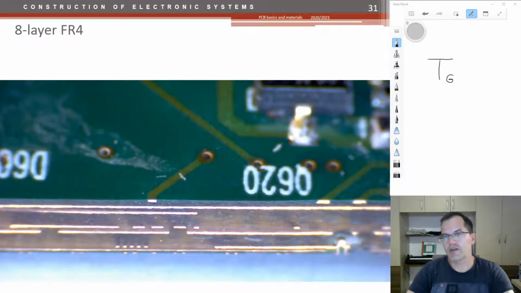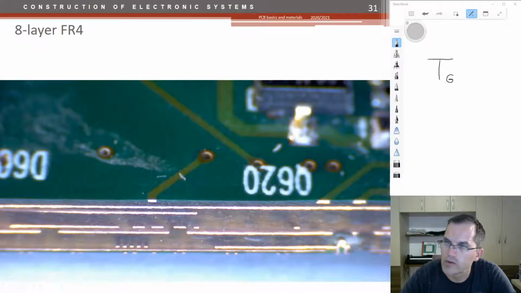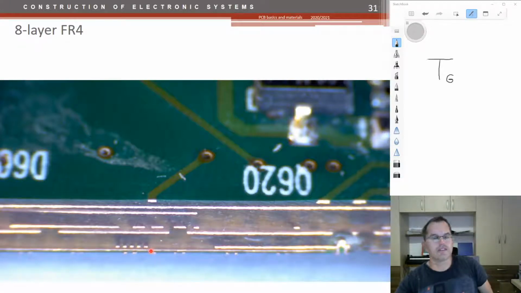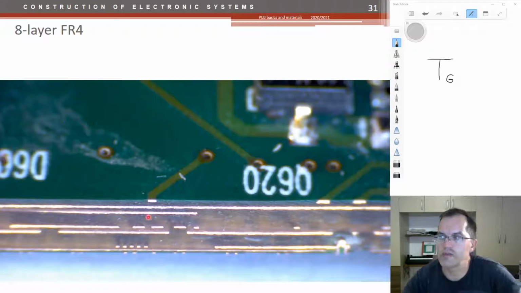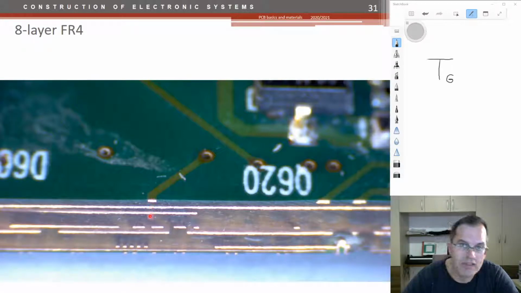Okay, here is a picture of an 8-layer FR4 PCB. So you see the top layer, 1, 2. Here maybe I can show with a laser pointer. Okay, 1, 2, 3, 4, 5, 6, 7, and 8. This is a cross section, and what you should know is that these structures don't have equal distances of the insulation layer of the laminate.